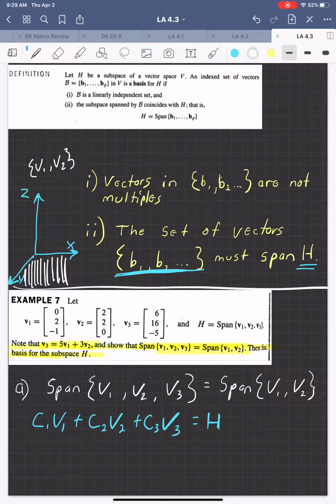Just imagine a piece of paper cutting through this three-dimensional space. So with just two vectors, you can span a plane, but you can't span all of three-dimensional space. So what you need is a third vector.